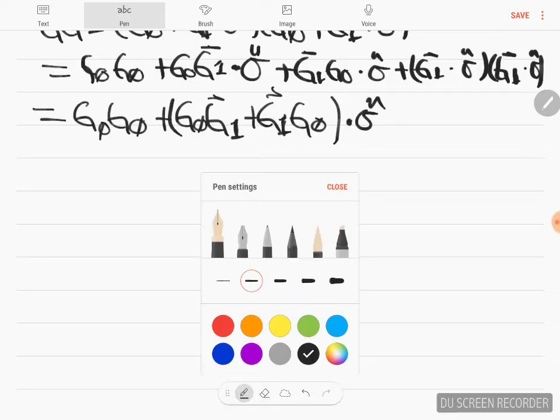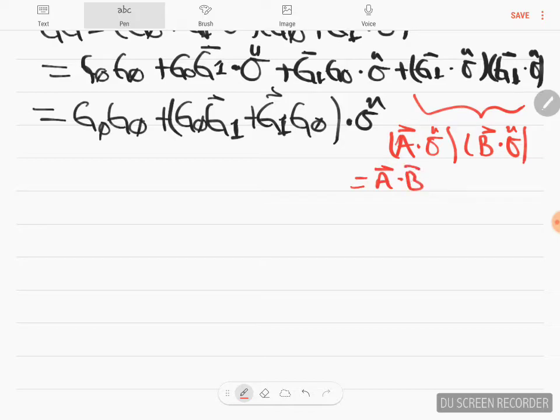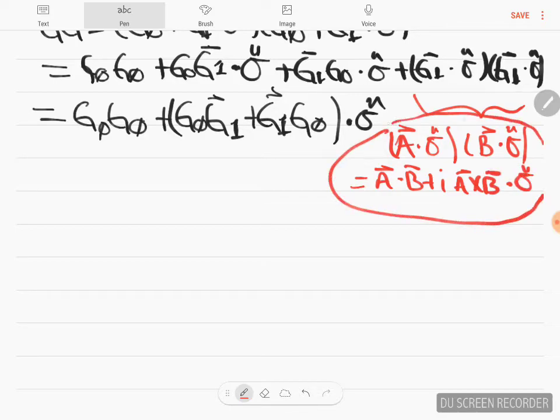And for this term here, we will use an identity that has already been derived in some of the other videos, which is A dot sigma times B dot sigma is equal to A dot B plus i A cross B dot sigma. Use this identity to calculate this.